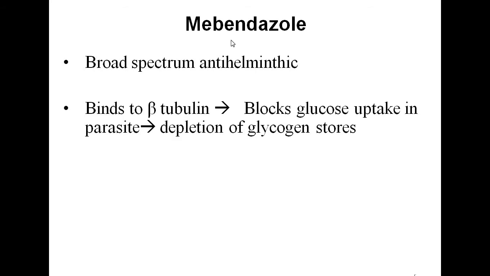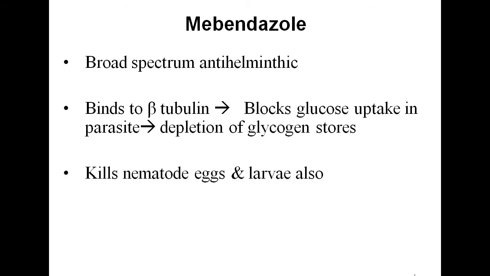Mebendazole is one of the earliest anthelmintic drugs which came into clinical use. It is a broad spectrum anthelmintic, meaning it is effective against a wide variety of worms. The mechanism of action of mebendazole is it binds to the beta-tubulin monomer of the worm, blocks glucose uptake in the parasite, causing depletion of glycogen stores in the worm, and finally kills the worm.